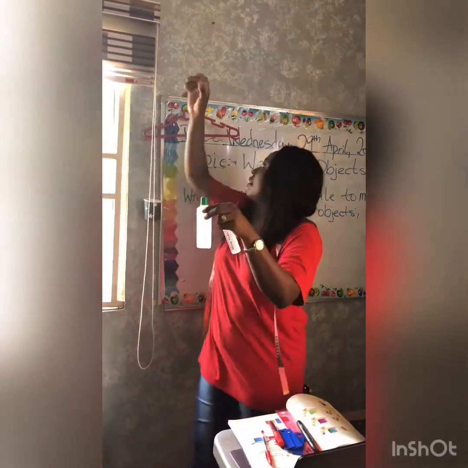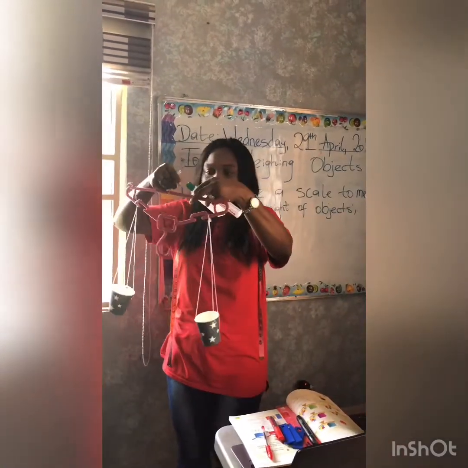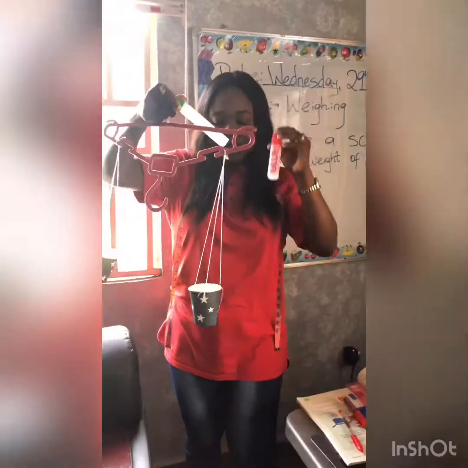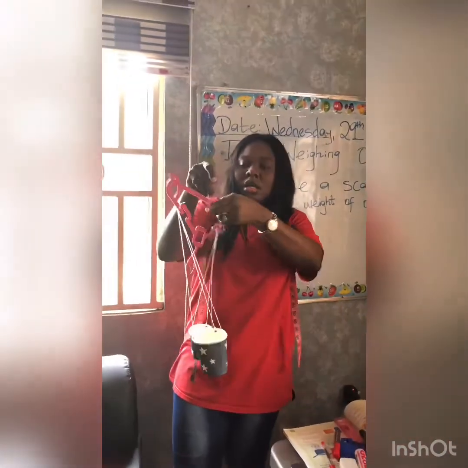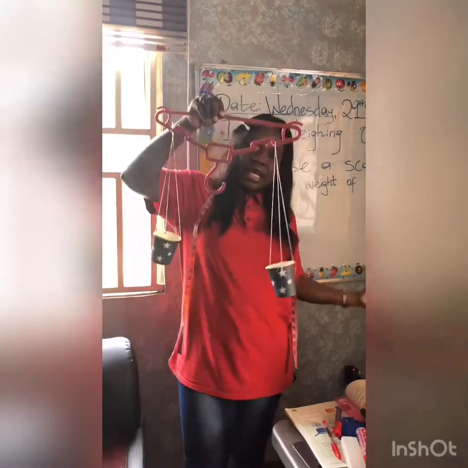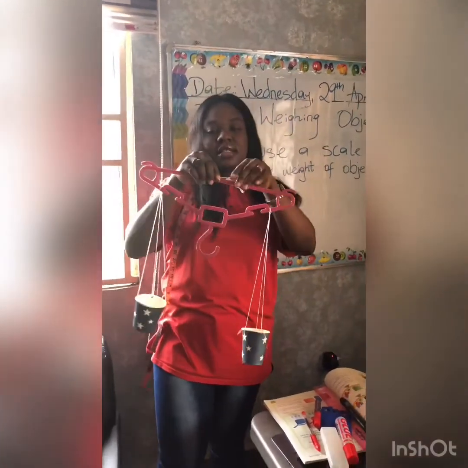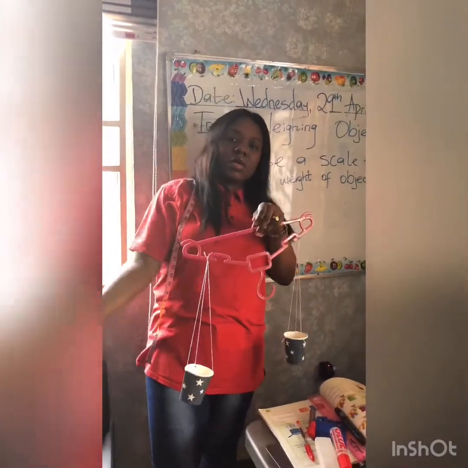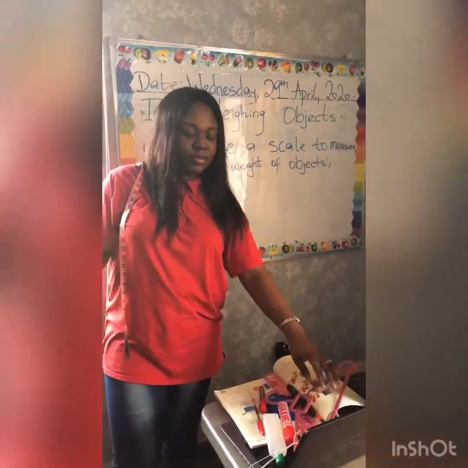Okay, so let's try. My glue, remember that the side with the heavier object goes down. It goes down this way, while the side with the lighter object goes up, like this.